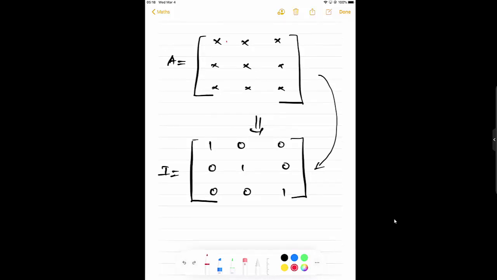I have checked most of the YouTube videos, and they tell us to approach this problem in this direction. That is, first convert this number to 1, then 0, 0, 1, 0, 1, 0, 0, 0.